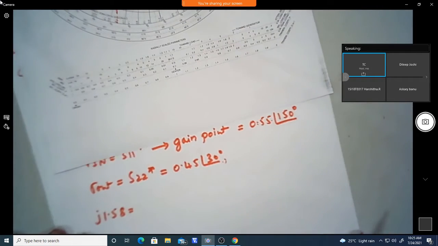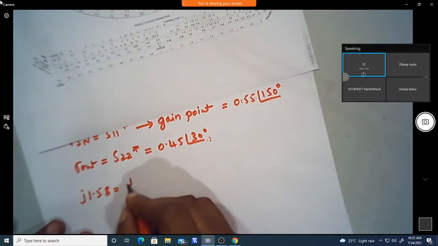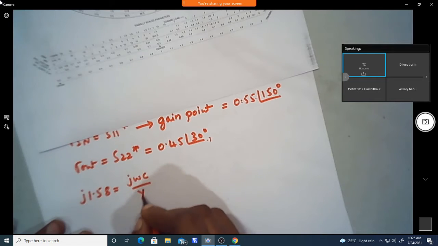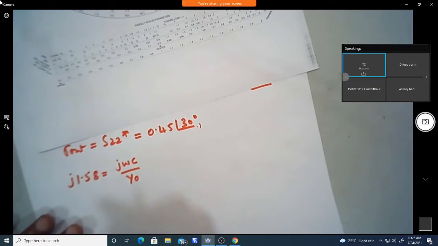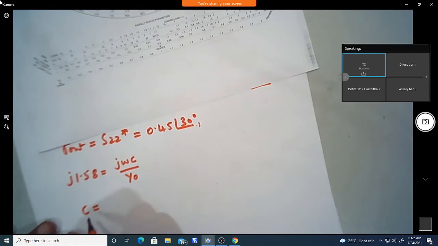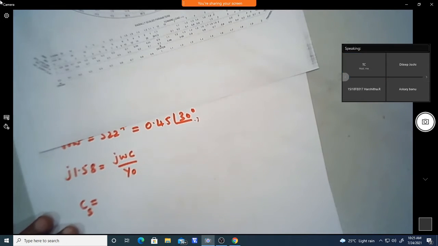Now we know the equation for shunt C, that is J omega C divided by Y naught. By using this we can find the capacitance value, that is CS at the source side.